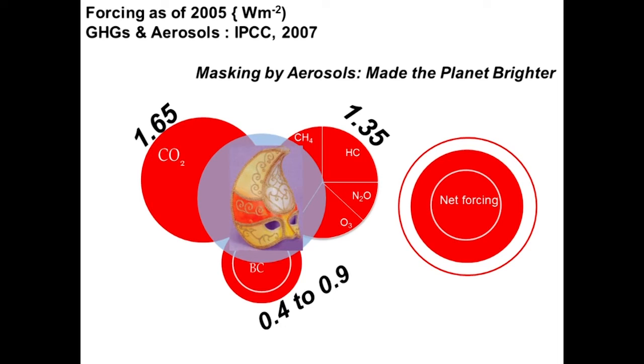But it turns out about 40% of the increase in the thickness of the blanket is not from carbon dioxide, but from methane, which comes from natural gas leaks, halocarbons, of which CFC is a part, nitrous oxide from fertilizer, and ozone. Ozone we know as a pollutant.